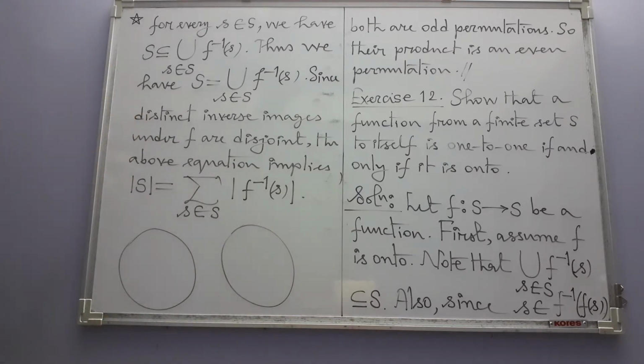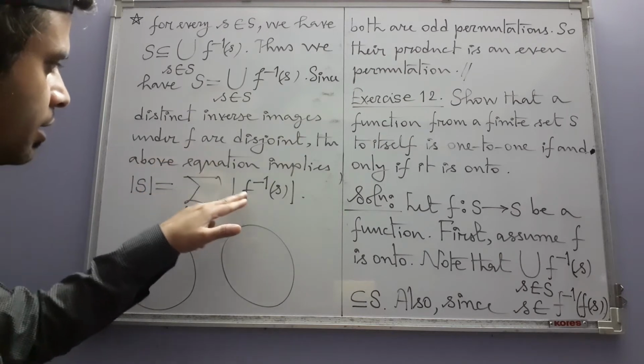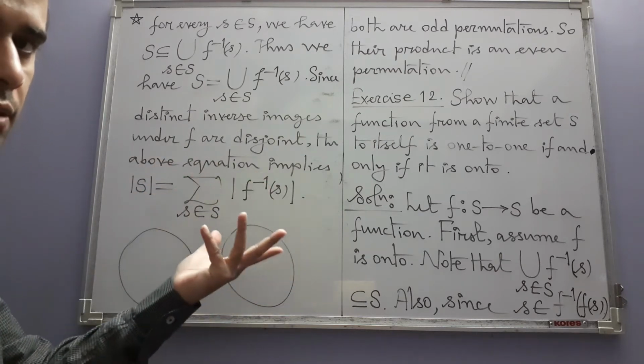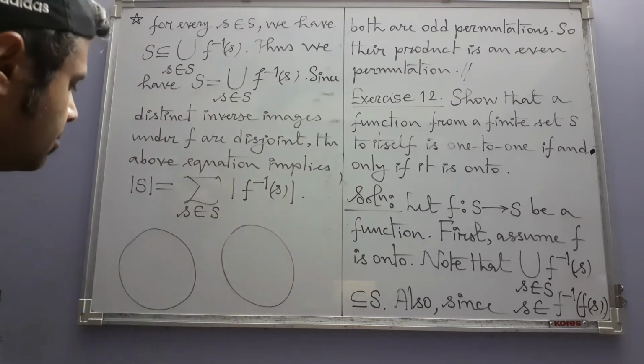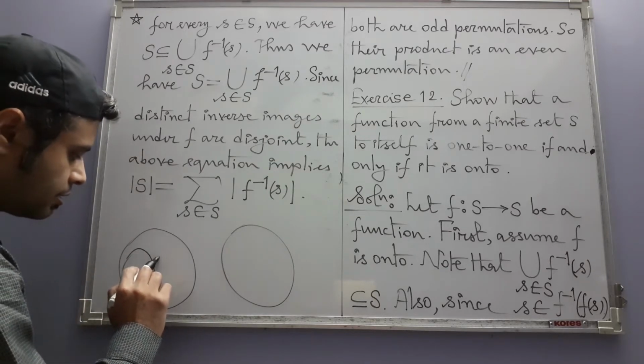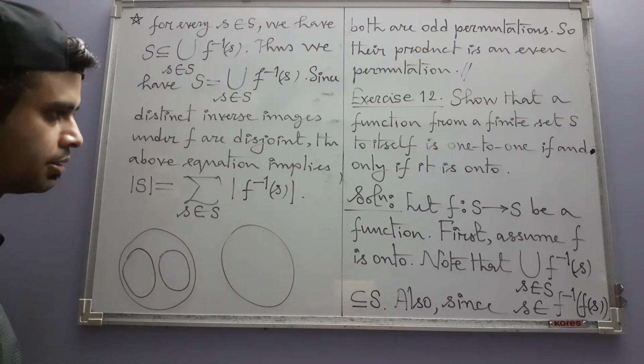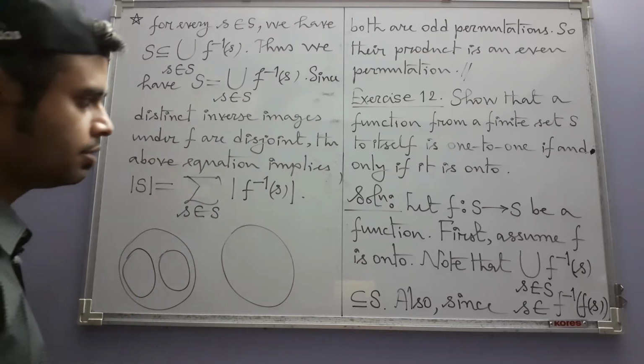We are saying that distinct inverse images under F, meaning these F inverses that we are talking about, if two inverse images are distinct, then they are disjoint, they cannot have any common element. Let's see why.